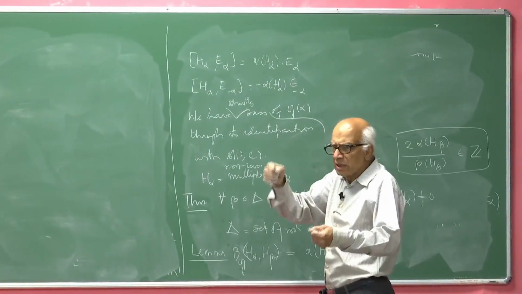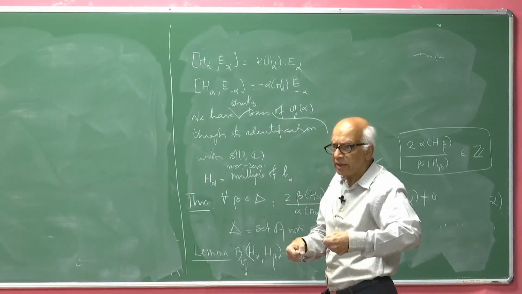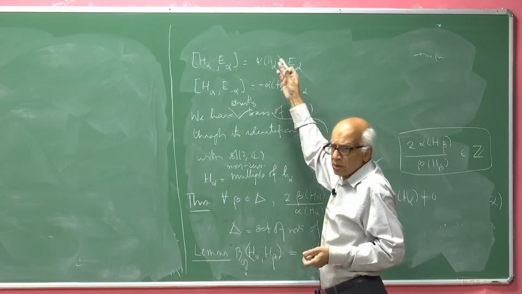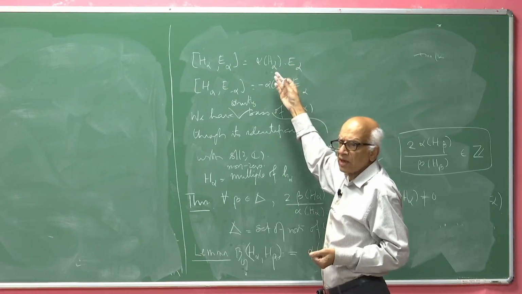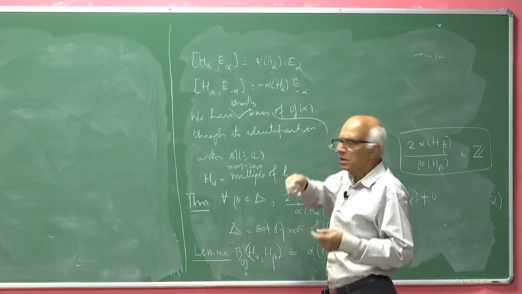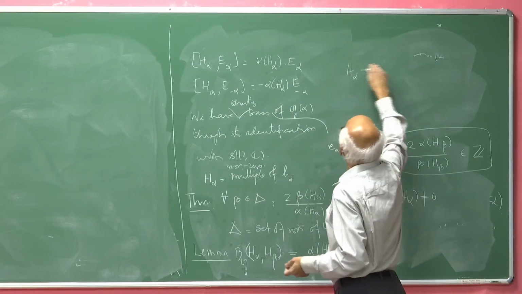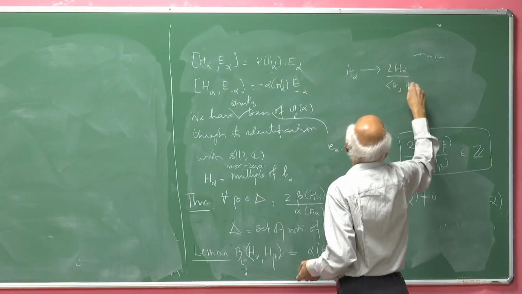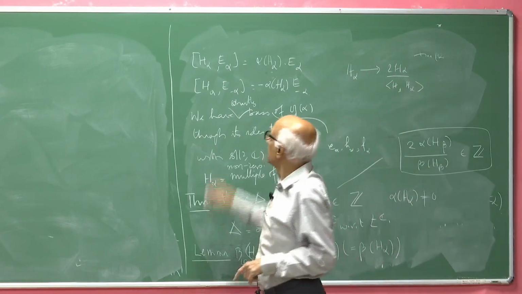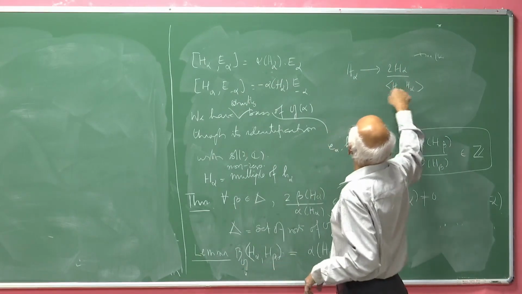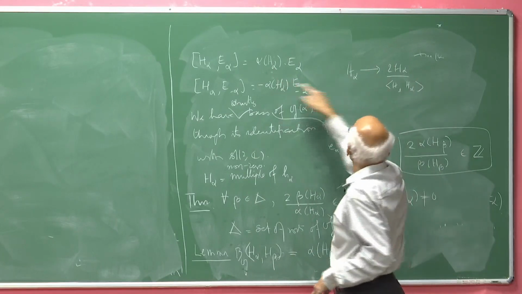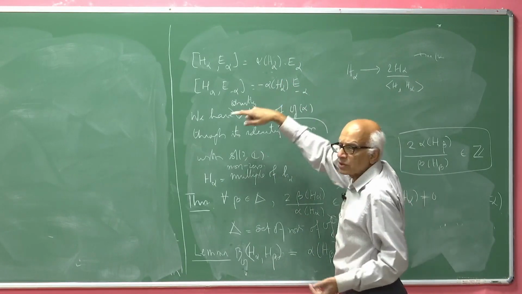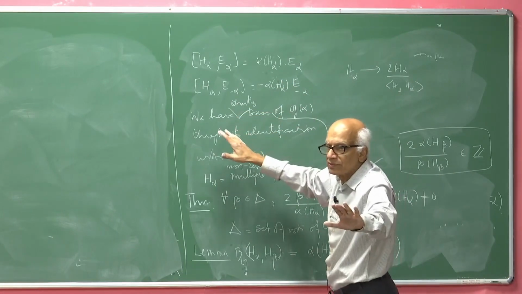If you want the SL2 basis there, you have to be a little more careful. You have to replace H alpha essentially by 2H alpha over alpha(H alpha). Then alpha is 2 on this, and minus alpha is minus 2 on that, and things work out right.